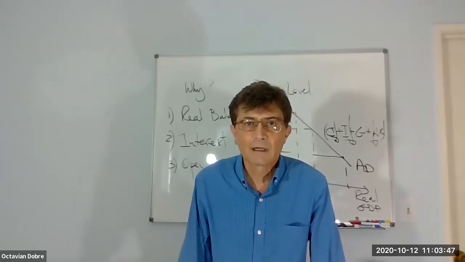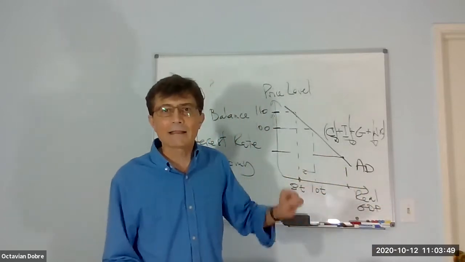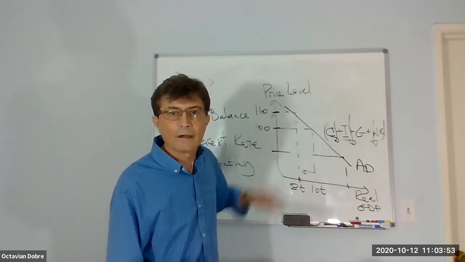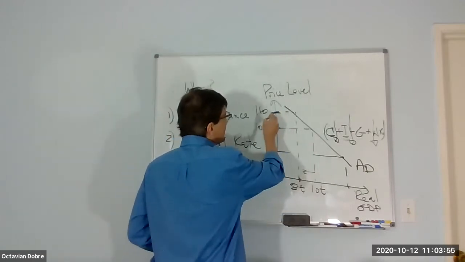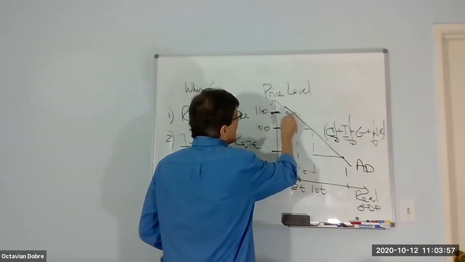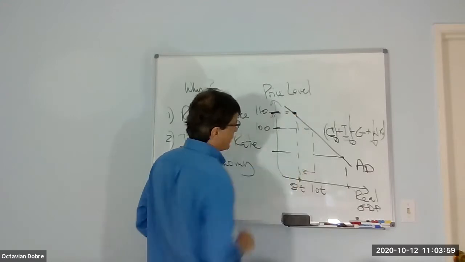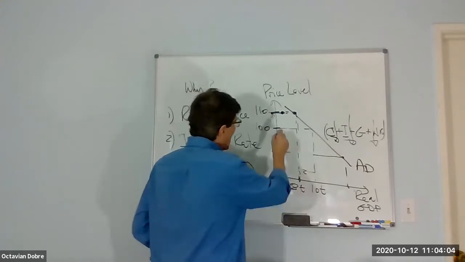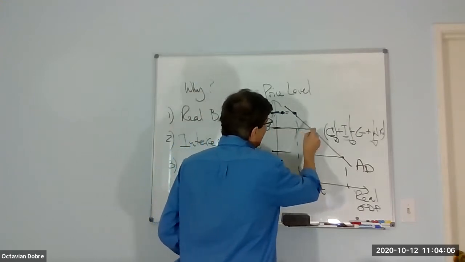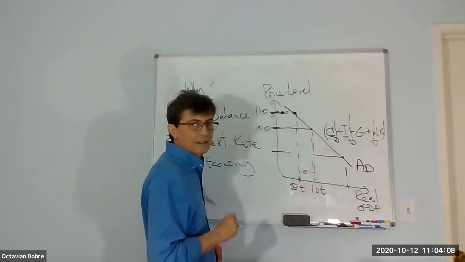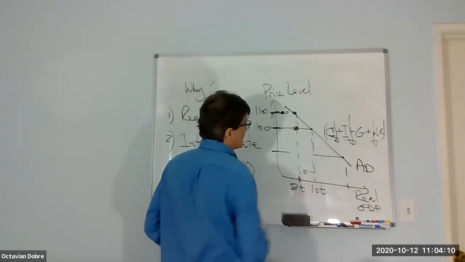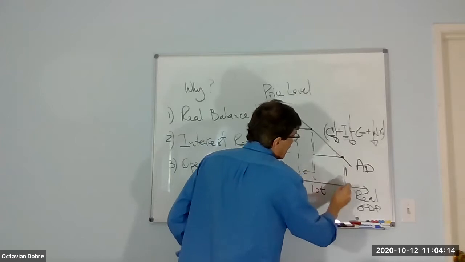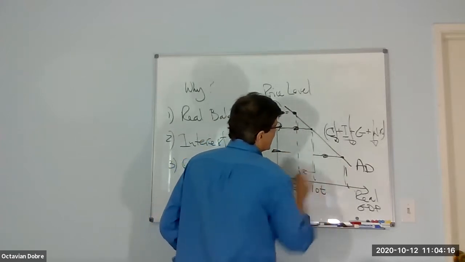In other words, people will buy less regardless of the price level. If the price level was here at this price level before the pandemic, people were willing to buy this quantity. Now, less. If the price level was here before the pandemic, this quantity. Now, less. If the price level was here, people before the pandemic would buy here, and now they're buying less.